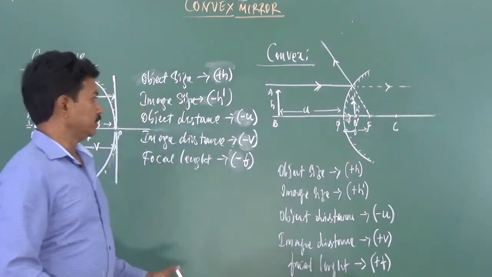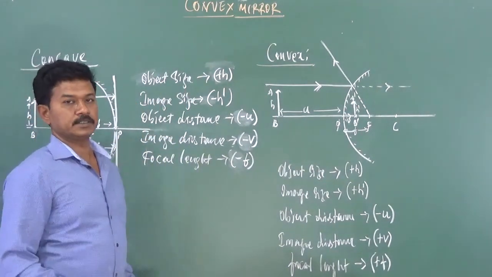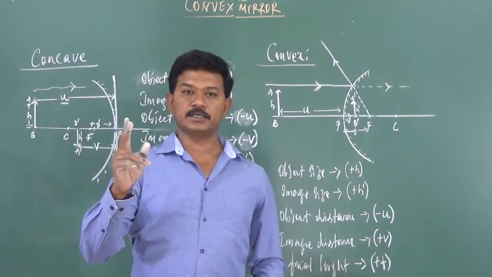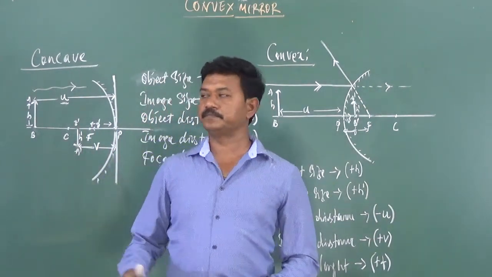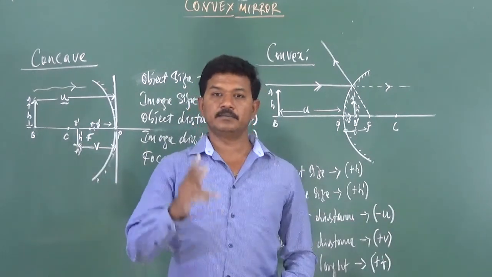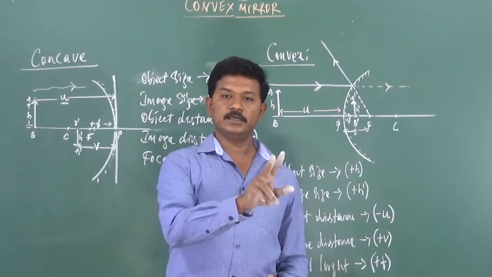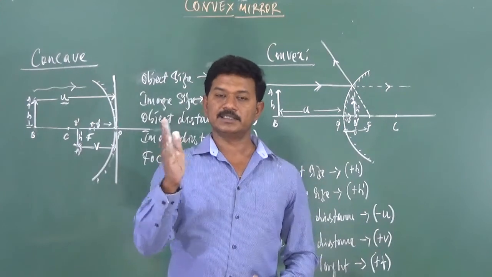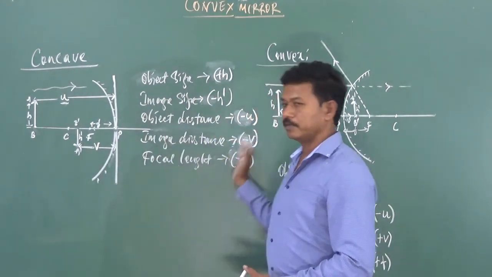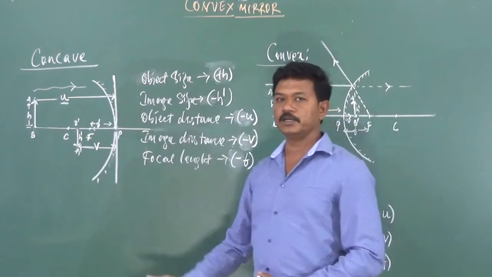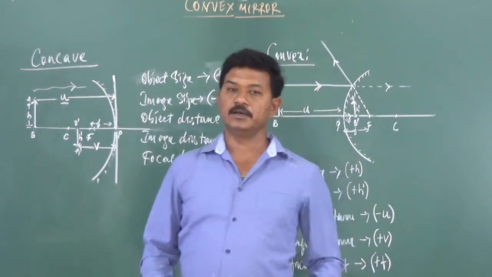So in this session we have come across a lot of things. One is the ray diagrams connected to convex mirrors, uses of convex mirrors, the main difference between concave mirrors and convex mirrors, and the sign conventions which we will be using. This is very much required because we have to solve a lot of numericals on concave mirrors and convex mirrors.